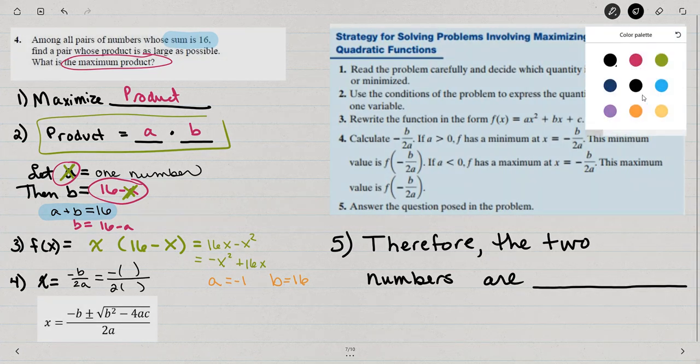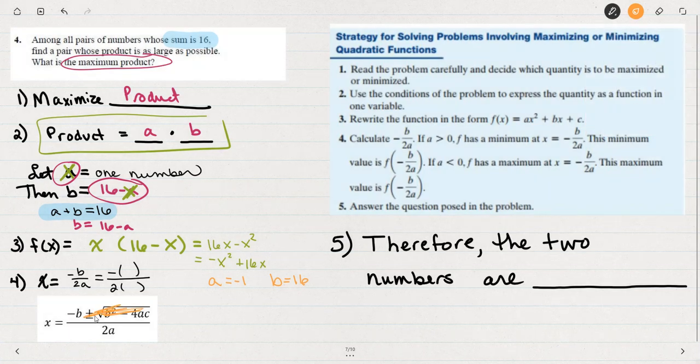If I replace those values in for x equals the opposite of b over 2a, remember where that comes from? Just get rid of the radical from the quadratic formula, and I've got the opposite of b over 2a. So the opposite of 16 over 2 times -1. So -16 over -2, or 8. Looks like x equals 8.